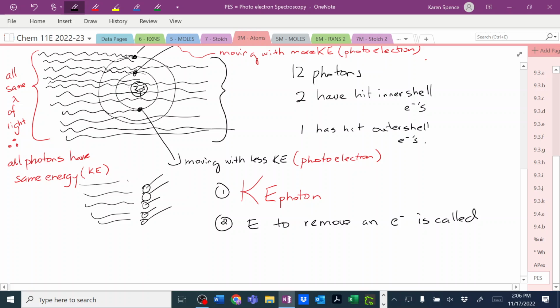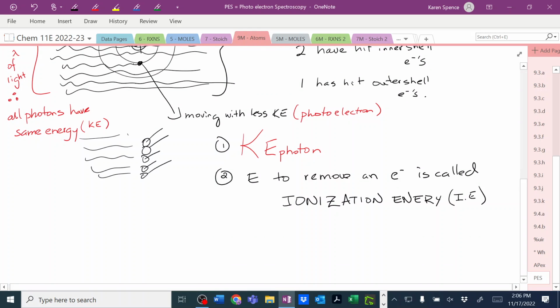Ionization energy. And because we're going to use this term a lot in our next unit, we're going to start abbreviating it as IE, because nobody wants to write out ionization energy like 17 million times. Okay, so we have our ionization energy.